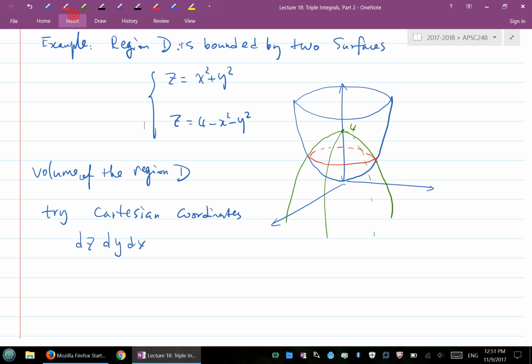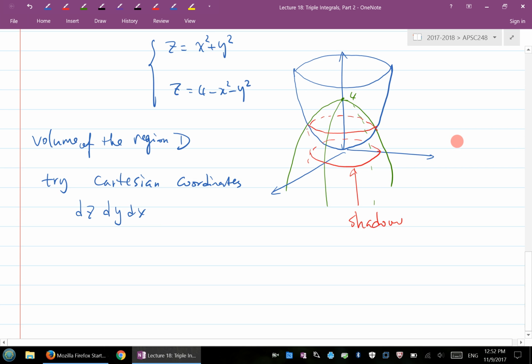I'll show you how to get the circle now. Basically, you get a circle in the xy plane, and that circle is the intersection curve between the two surfaces. So this is your shadow here.